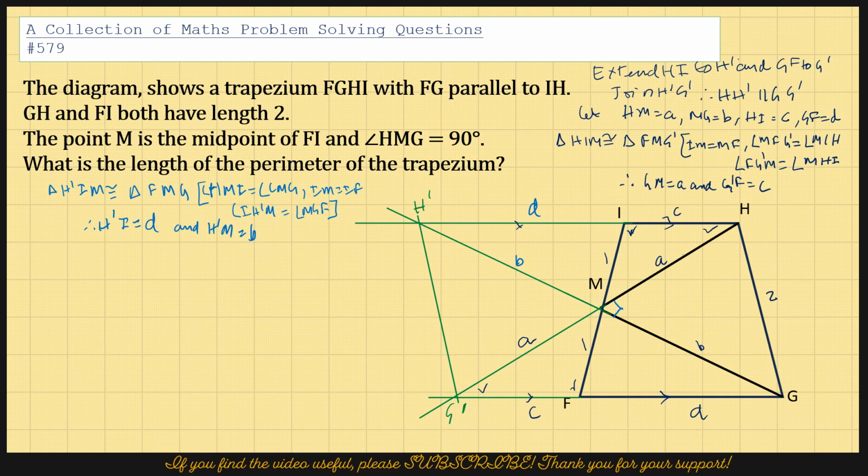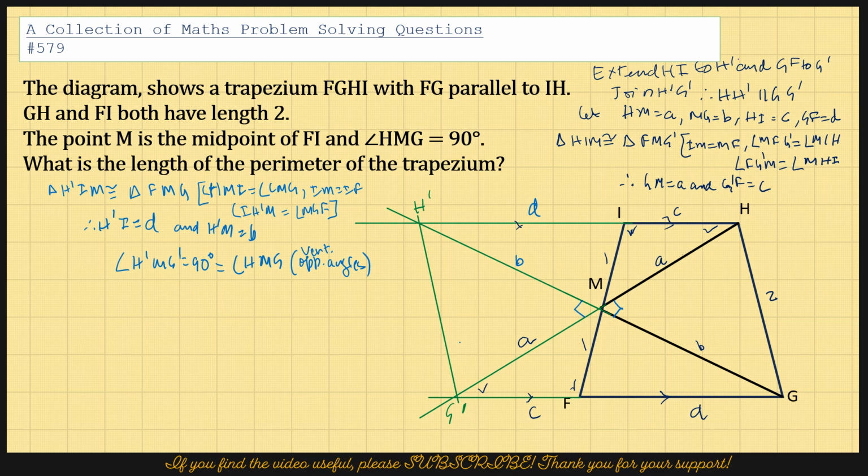Angle H dash MG dash is also equal to 90 degrees, and that equals angle HMG. They are all vertically opposite angles.